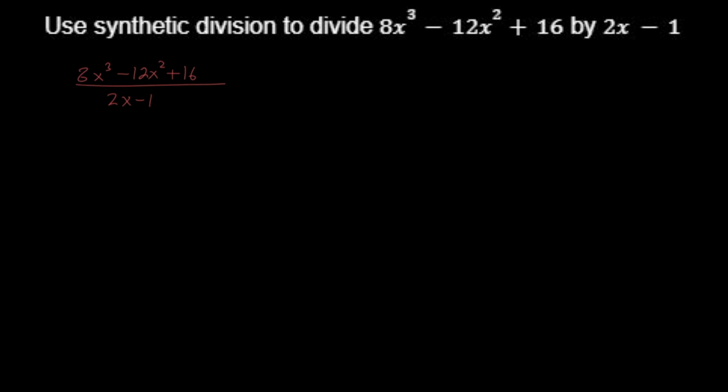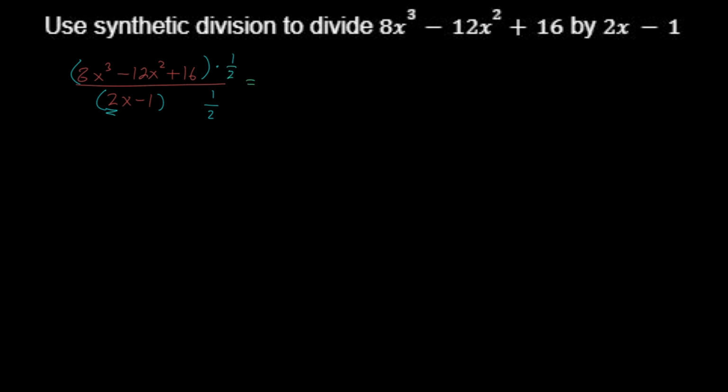Since the coefficient on the bottom is 2, I'm going to multiply the bottom polynomial by 1/2. That will cancel out this 2 and make it just x minus a number. On top, I have to do the same thing to balance it out, so I'm going to multiply this polynomial by 1/2.